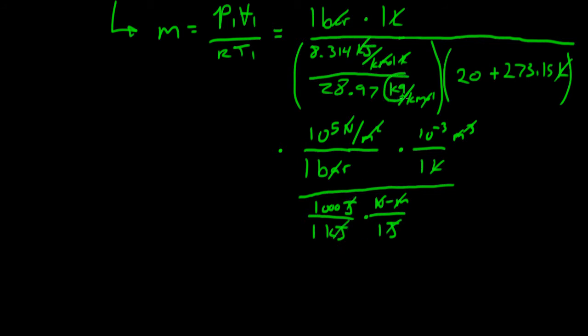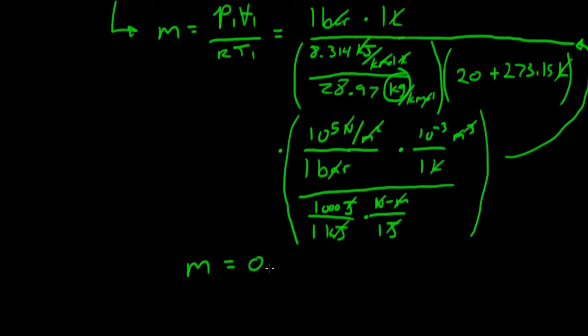And we're left with kilograms, where this whole term is multiplied right here. Evaluating, we get an answer that says that the mass of air in the cylinder is 0.001189 kilograms.